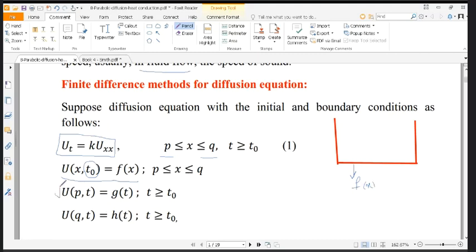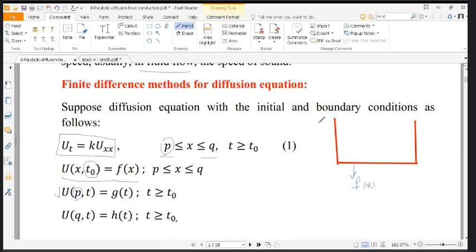The second is a boundary condition. This equation says u of p and t equals g of t. Here p is the left or start point of x, and u of p and t means all of the points on the left boundary.